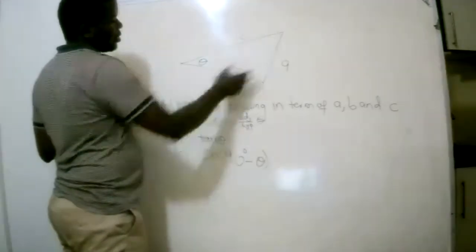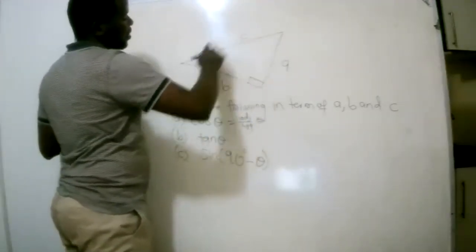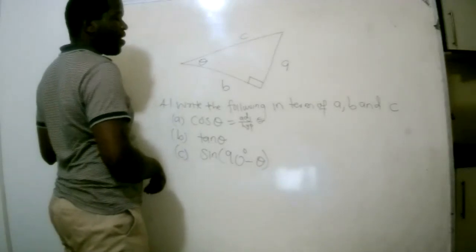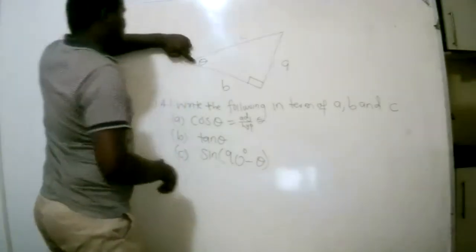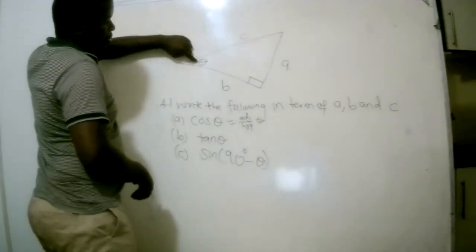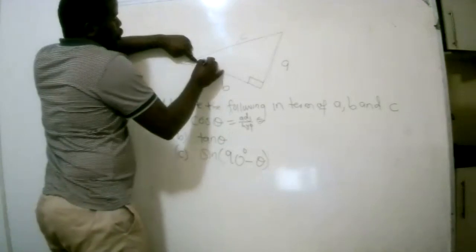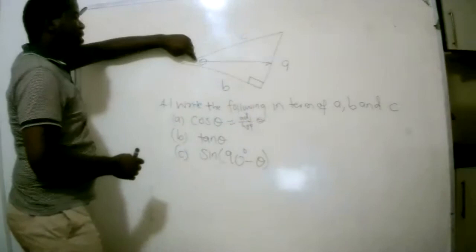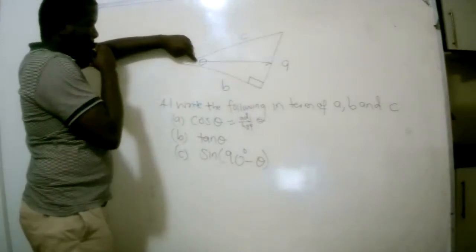And what is adjacent from these values that you are given there? B. Let's check where we have the angle. So the angle is here, right? So this side, is it opposite or adjacent to this angle theta?